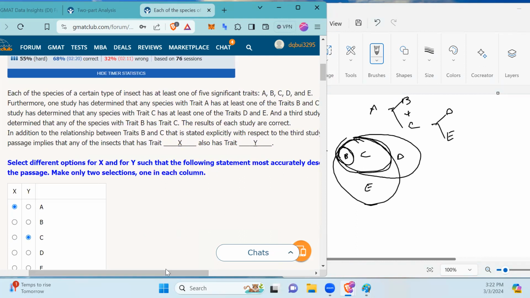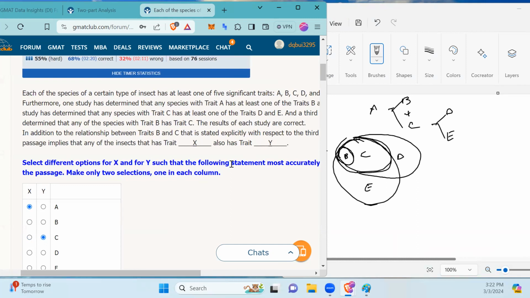Well, we don't know for sure, because any insect with trait C might have D or E, or both. They don't say anything about the relationship between D and E, so we cannot conclusively say that an insect with trait C is always going to have trait D or always going to have trait E. So C sounds like the safer choice for Y.